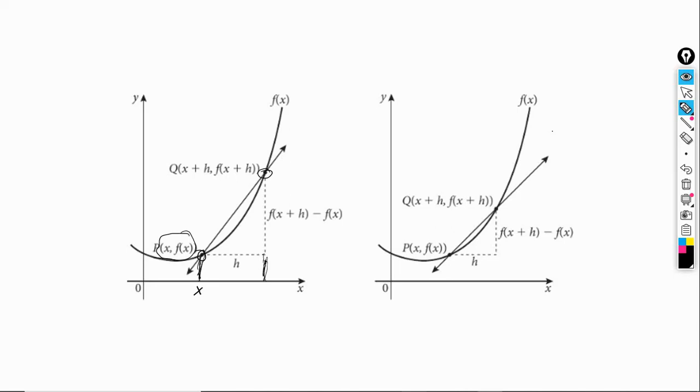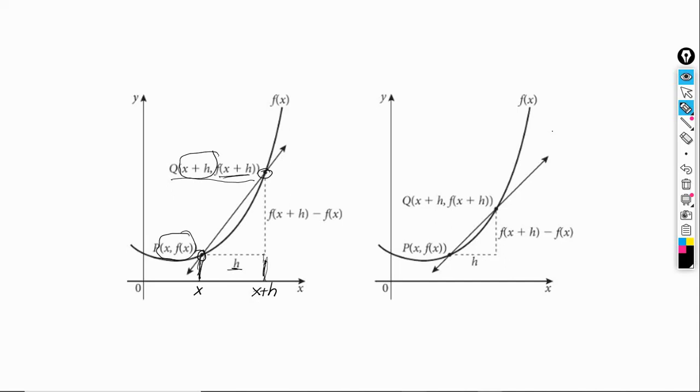But instead of calling it x2 or x prime, we're going to take into account this distance h between the two x coordinates. So taking into consideration h, this coordinate here would be x plus h. Therefore, this point up here, point Q, would be x plus h, comma, f of x plus h.